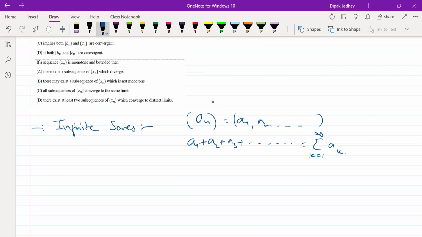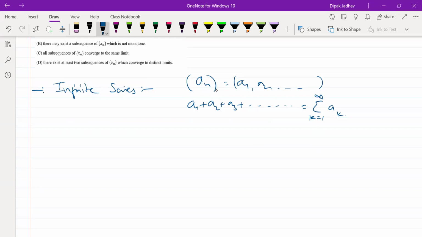We already know that the addition of finitely many real numbers is always finite. But what happens if you go on adding infinitely many real numbers? It seems that when you add infinitely many real numbers, we may get infinity as the answer, but that's not the case. Sometimes we do get a finite number as an answer.